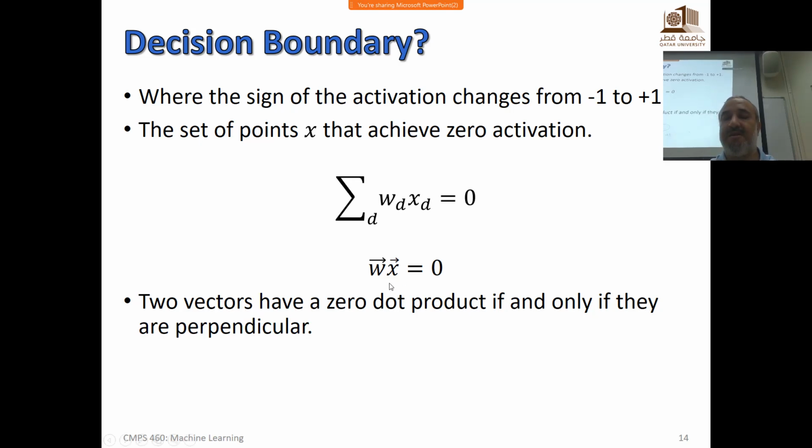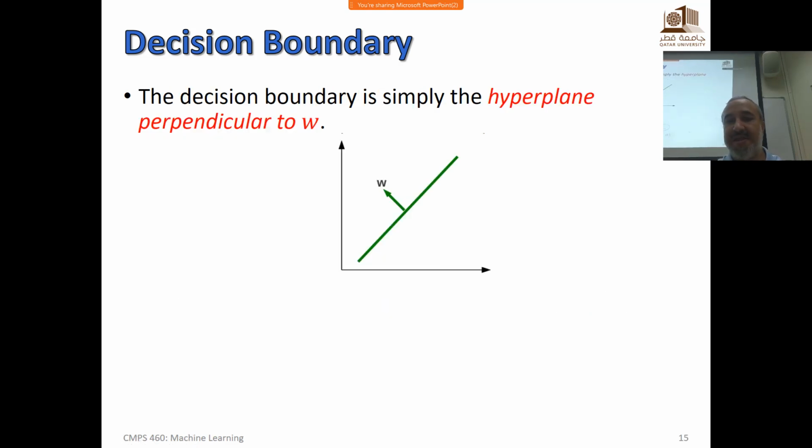That means that the decision boundary will be perpendicular to the weight vector. We saw this last time. If this is the weight vector that we trained, then the decision boundary at any point is perpendicular to it.